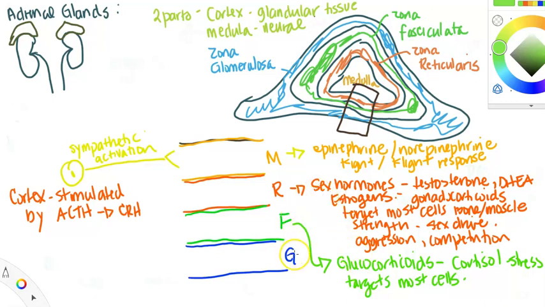All right. The last layer is the glomerulosa. So the zona glomerulosa makes mineralocorticoids, and mineralocorticoids meaning aldosterone. So aldosterone targets the kidney.